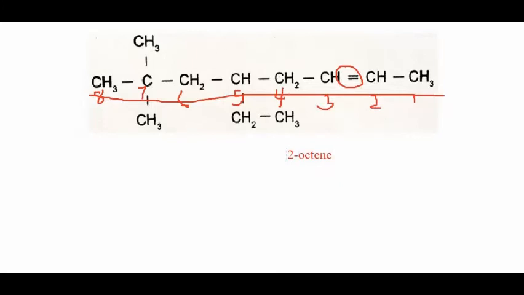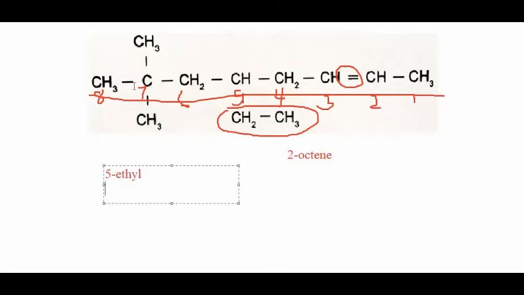So, for the first substituent, we have one connected to carbon number 5. The substituent connected to carbon number 5 is ethyl. So, we have here 5-ethyl.